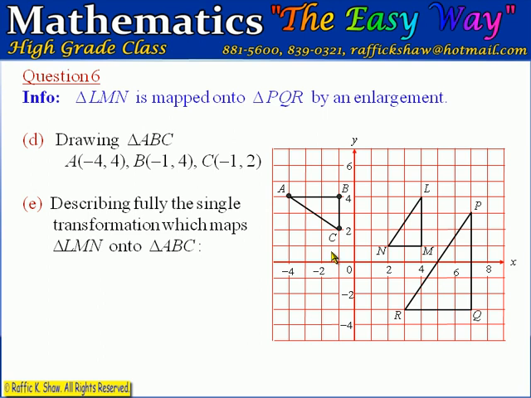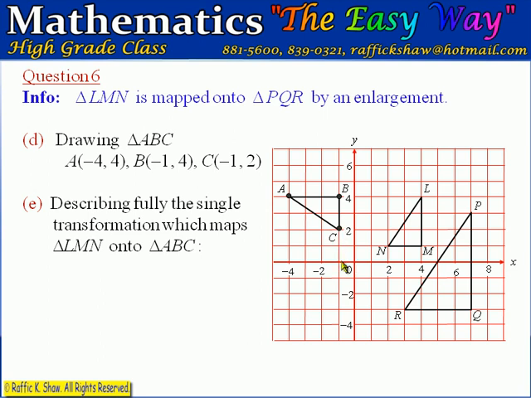And the center of a rotation is positioned in such a way that the distance of an image from the center is equal to the distance of the object from the center. So I am observing that the origin here is the center of this rotation, because if we compare the points, for example, the origin to N, it is 2, 1, and the origin to the corresponding point C is 1, 2.